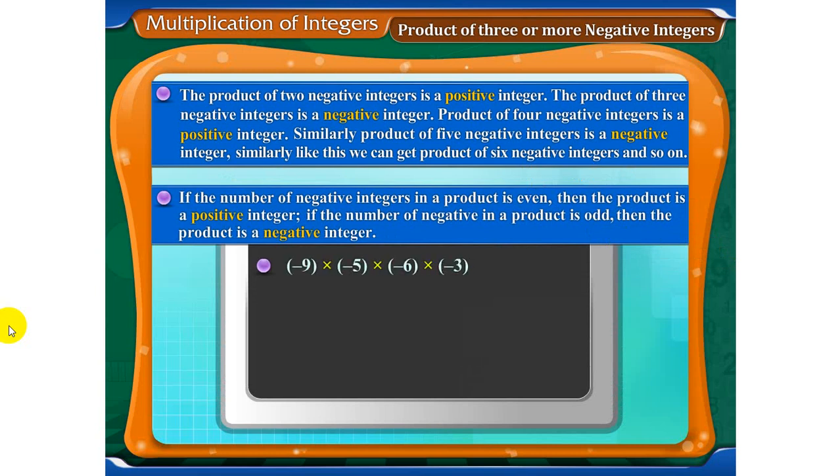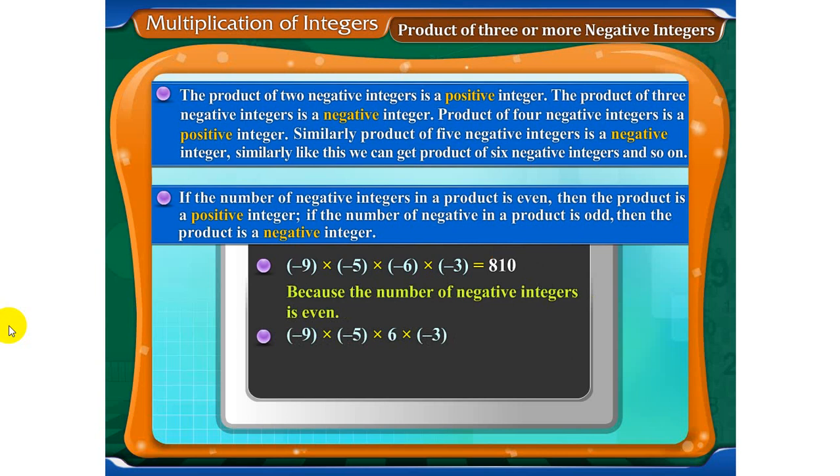Here, negative 9 multiplied by negative 5 multiplied by negative 6 multiplied by negative 3 is equal to 810, which is a positive integer, because the number of negative integers is even. Whereas negative 9 multiplied by negative 5 multiplied by 6 multiplied by negative 3 is equal to negative 810, which is a negative integer, because the number of negative integers is odd.